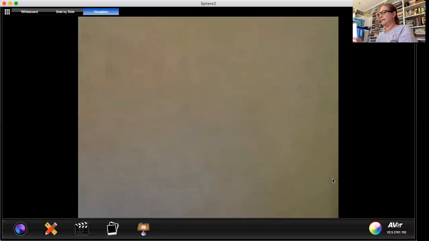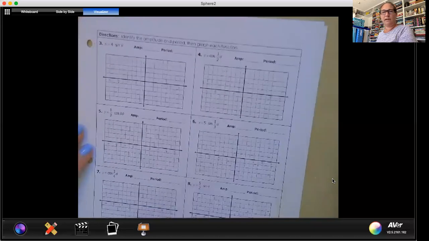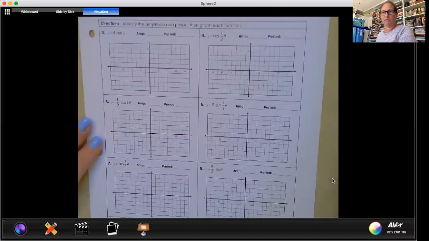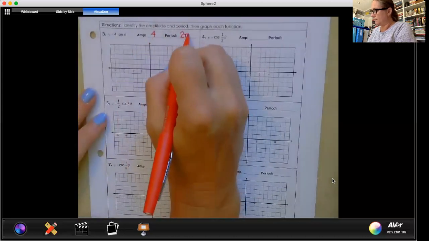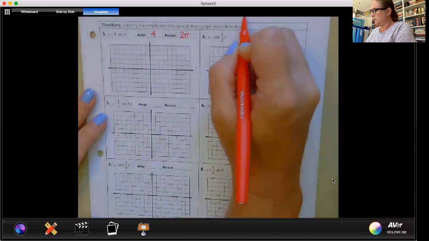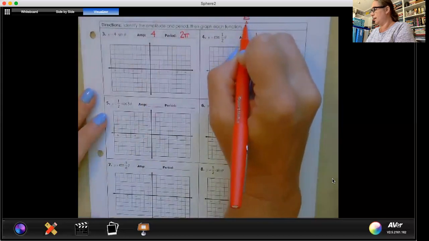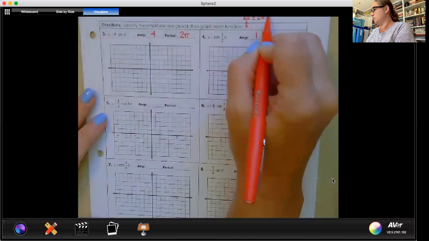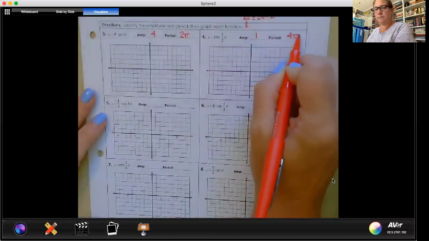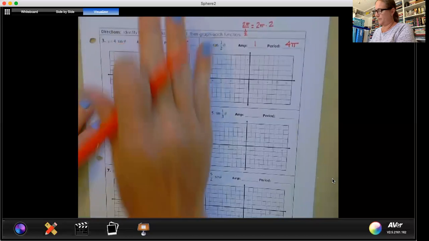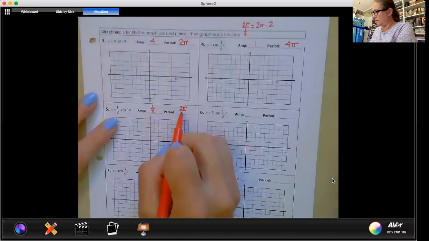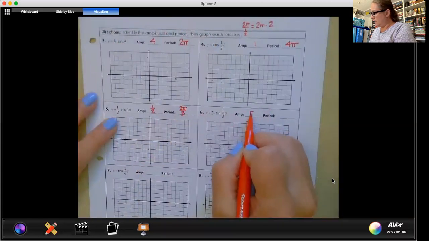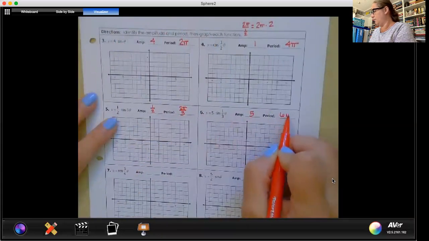So taking a look at our next page, we have a page of graphs, but we're going to identify the amplitude and period first for each one, and then we're going to use our calculator to graph them. So our amplitude is 4, period is 2 pi. Amplitude is 1. 2 pi divided by 1/2 is 2 pi times 2, so 4 pi. Sorry, you can't see that. And 1/2 and 2 pi divided by 3, and 5, and we've already done 2 pi divided by 1/3 was 6 pi.